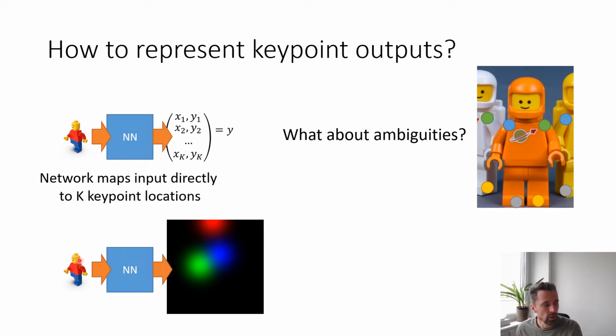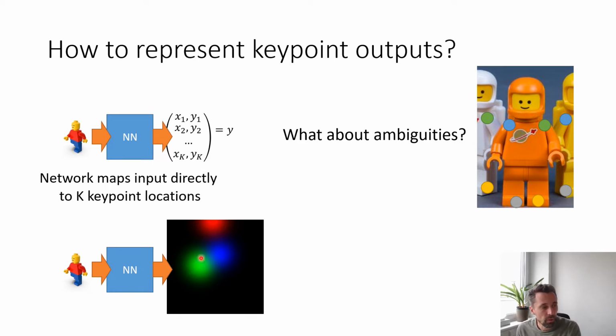An input image is put into the network, and the network now does not produce a vector of positions, but a map for each of those key point classes, where, let's say, the probability of a certain pixel to be on that key point is encoded.